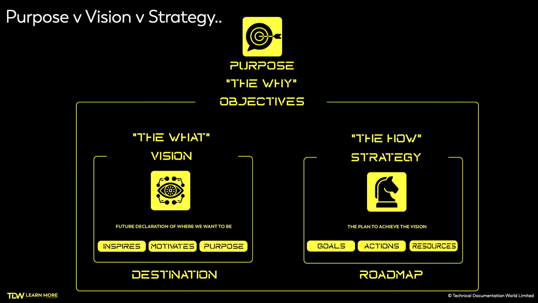We have a why, and therefore we can all buy into this, because we have the vision, the what, and it's actually a declaration of where we want to be with our technical publications. And we can then work backwards and decide that S1000D is the most appropriate road for us to follow, and that comes into the how, the strategy of what we want to achieve.